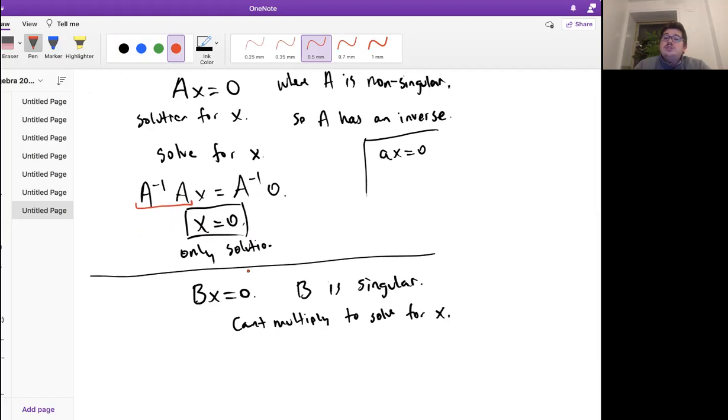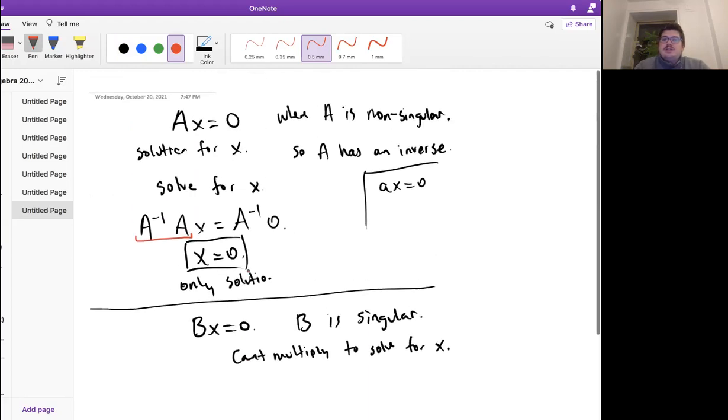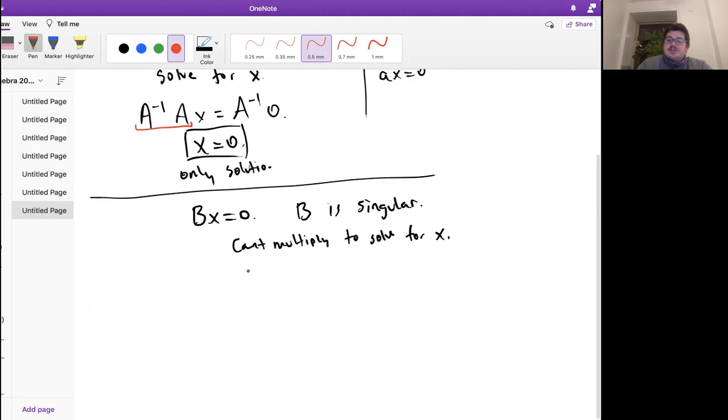You can only do that if A has an inverse, right? But if it does not have an inverse, then you can't cancel out. So non-singular means you can cancel, but if you have a singular matrix, you can't cancel. There's no cancellation here.